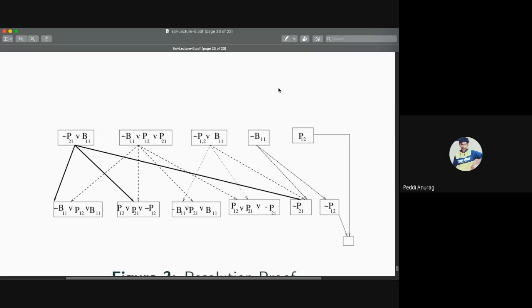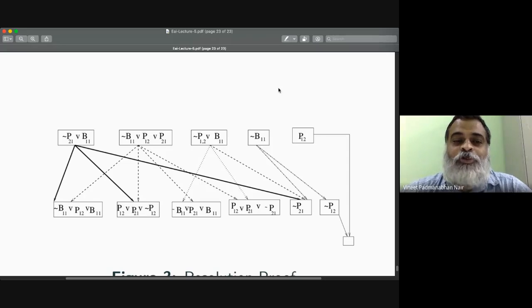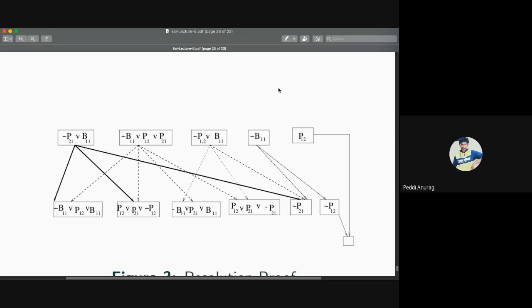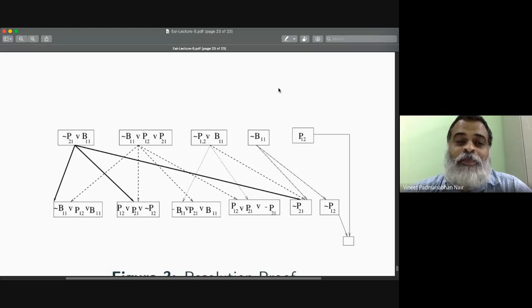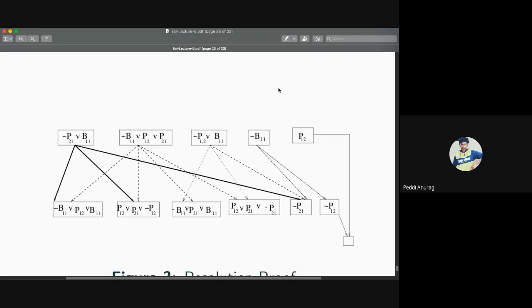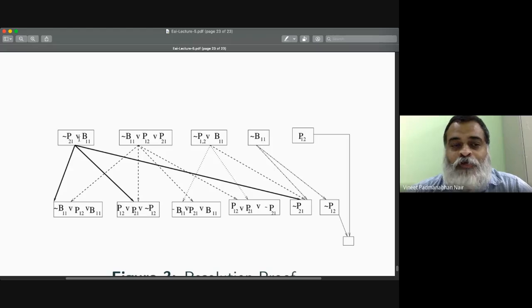Not P21 or B11, and the second box, in the upper row. So in the upper row, which boxes are you taking? The left two. Good, very good. And we remove P21 and negation of P21, the complementary pair. So first he is taking the first box and the second box.